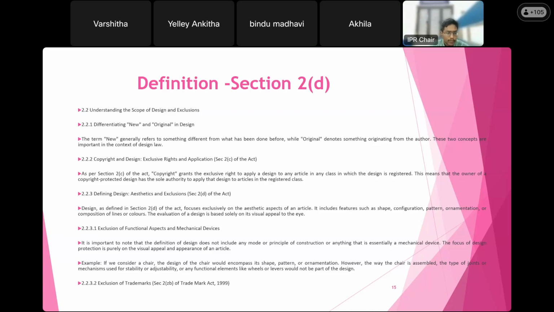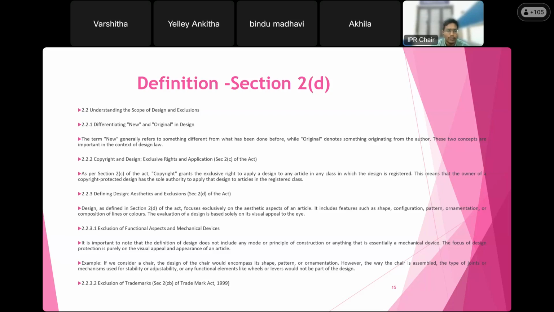And another exclusion that you cannot protect through design is trademarks, which is defined under Section 2(zb) of the Trademarks Act 1999. So basically, I am discussing the criteria for design registration, and what is not protected through design.